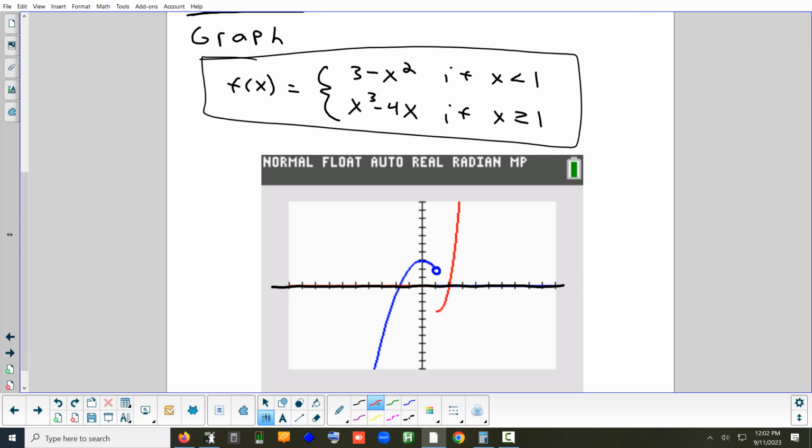Is that open circle or closed circle? That's a closed circle. So now, looking at that as a picture, we know we can include 1 on the red graph, we cannot include 1 on the blue graph. And that's how a piecewise function should properly look. So the calculator does a pretty good job, but if we actually sketch it, we need to tweak it a little bit.